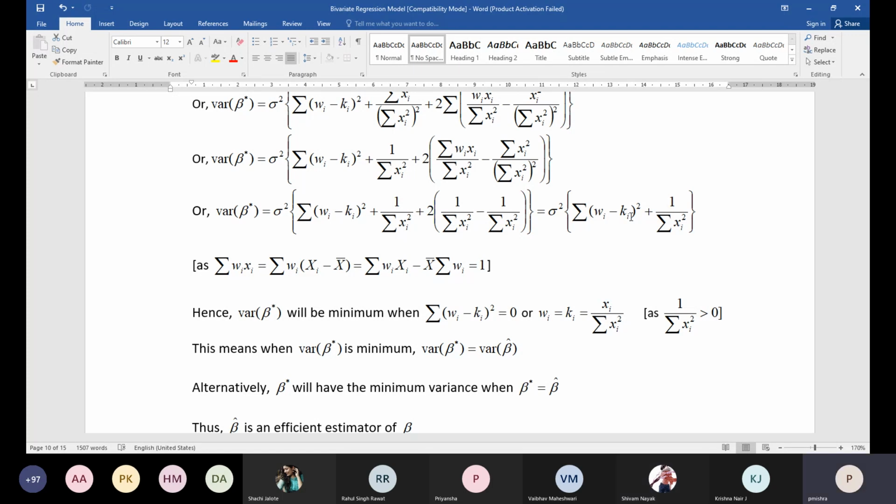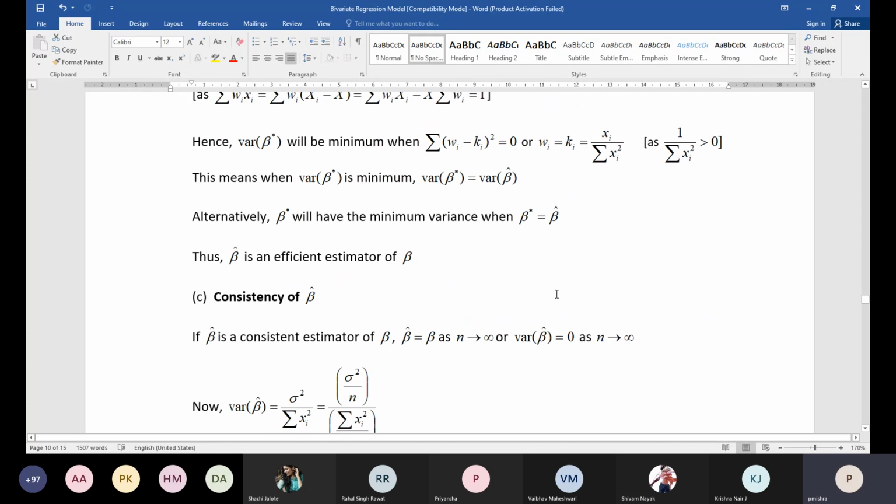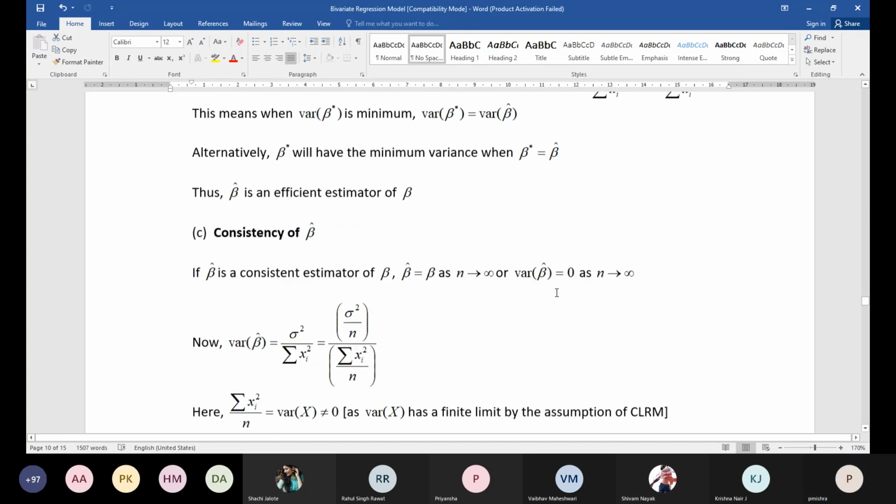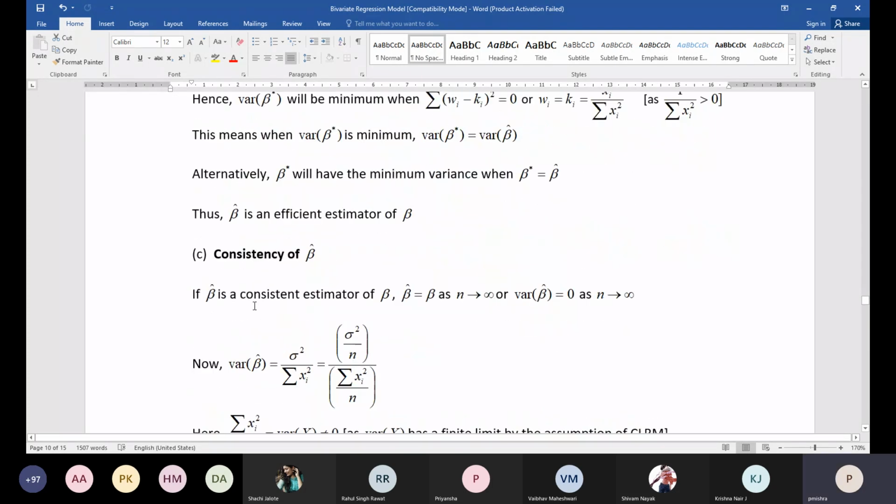Okay. Now let us move on to consistency. What is consistency by definition? By definition, consistency means as n tends to infinity, beta hat would be equal to beta. Remember, this is a large sample property.